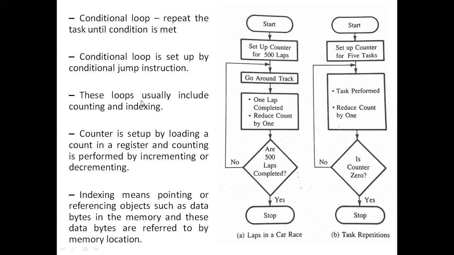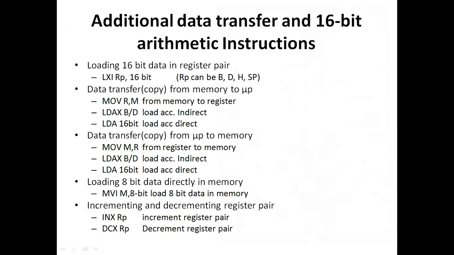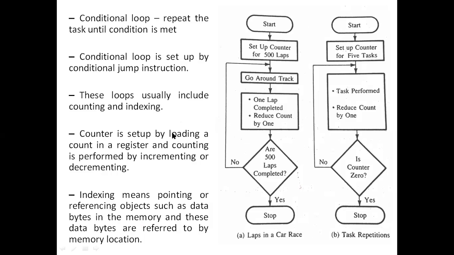So these loops usually include counting, and these loops also include indexing. What is indexing? I have already explained. One more thing which I have explained is the counter, and a counter is set up by loading a particular number, that is called the count, in a particular register, and counting is performed either by incrementing or by decrementing.